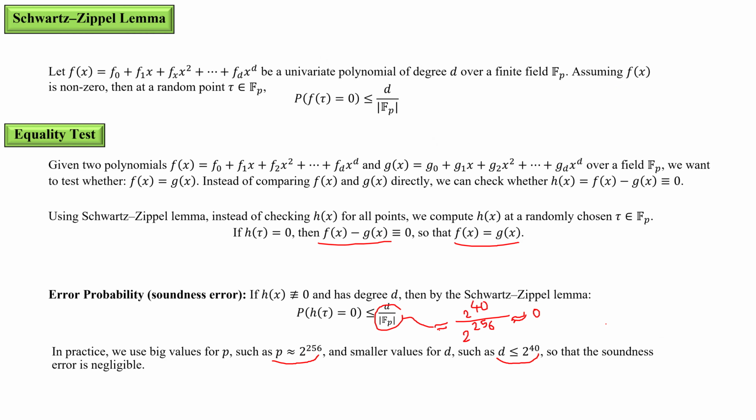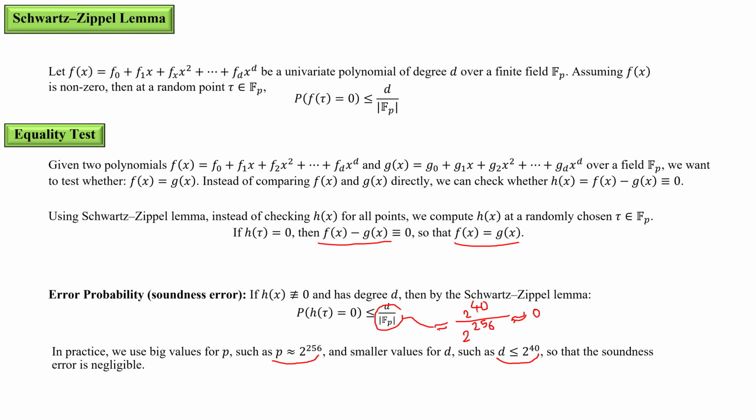So the Schwartz-Zippel lemma says that if you have the polynomial h of x and pick a random value like tau and compute the evaluation, the probability of being 0 is almost 0 unless h of x is already equivalent to 0.